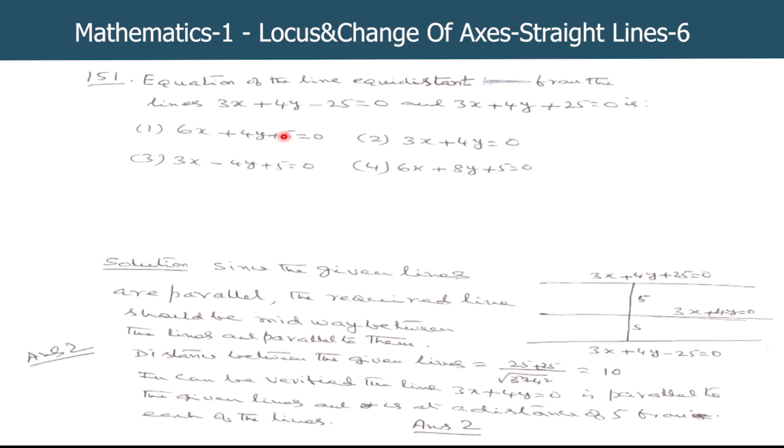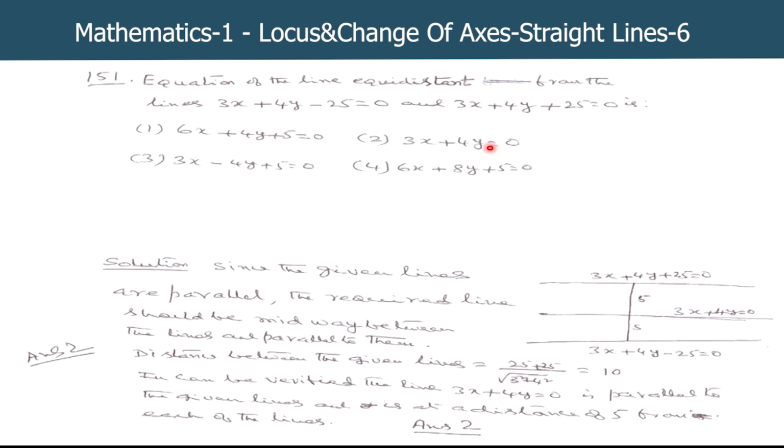Here this is not, because the distance between them is 10, but the distance of 6x plus 4y plus 5 equal to 0 from one of the lines is 25 plus 5 by 5, so that is 6 units. The third is not, that is again the same, and the fourth is not.